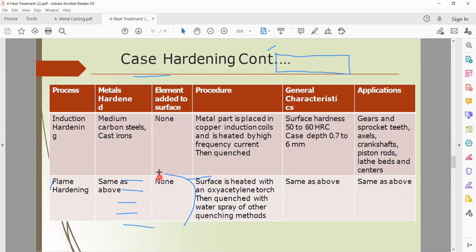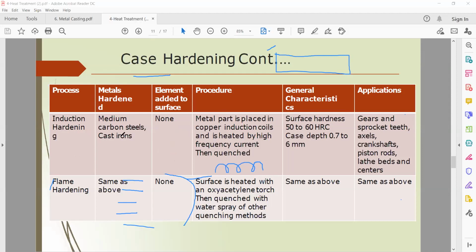What you are doing is, see here, induction hardening. Induction hardening means definitely you have to have induction coils. So see, as a sample, you have an induction coil like this. The induction coil should be copper, a copper induction coil, right?